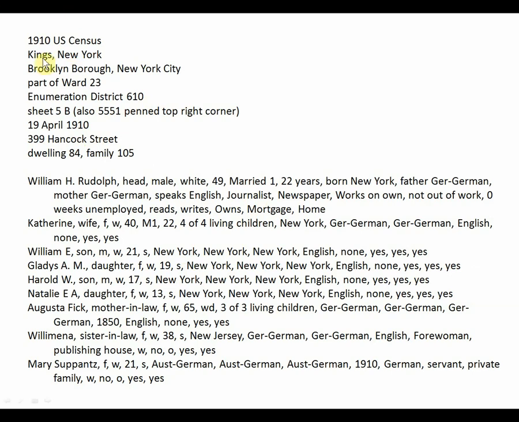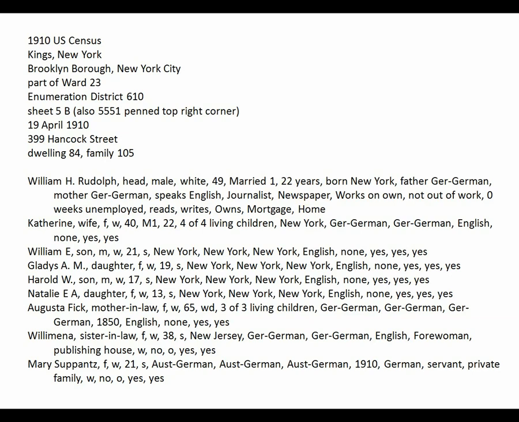This is a quick way to get through it. So I have listed out all of the details about the location information off of the census, the top left corner and the top right corner, the street address, the dwelling family number. So we have the name of the head of household, William H. Rudolph, white, married. Married one means this is his first marriage. They have been married for 22 years.